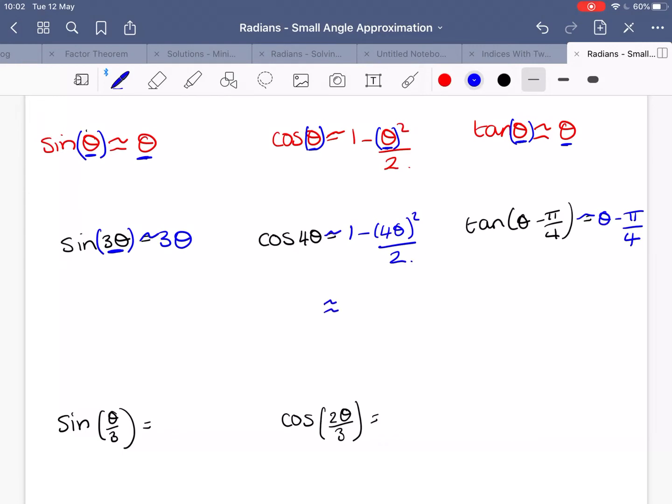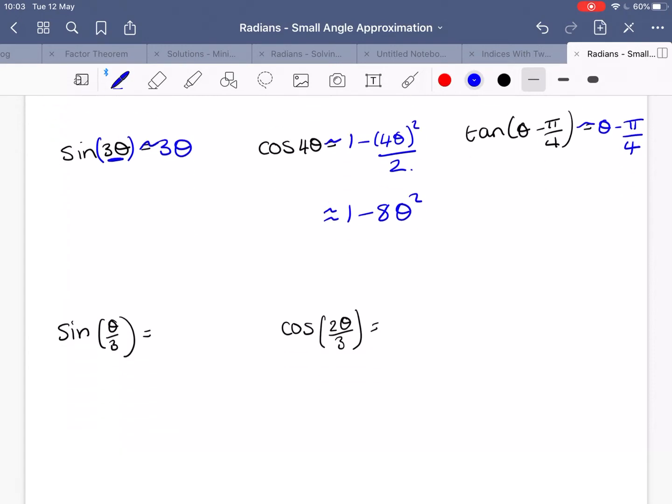So I need to simplify this. Well, I've still got 1 minus. Remember, when you're squaring something outside a bracket, everything in the bracket is squared. So I've got 4 squared and the theta squared. So I've got 16 theta squared divided by 2, which would be 8 theta squared.